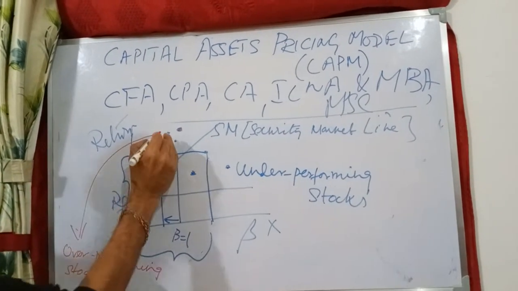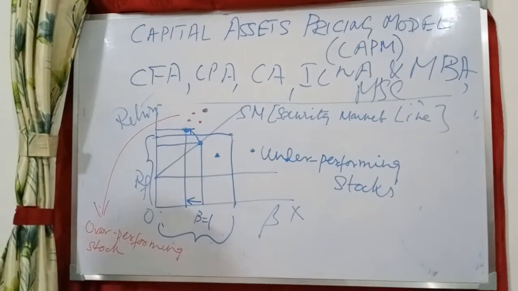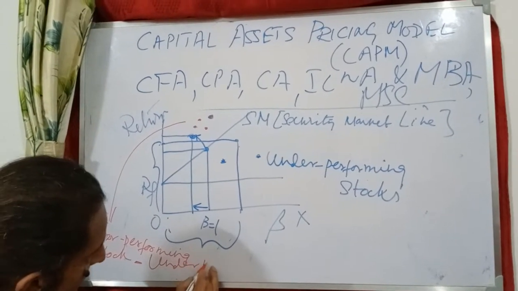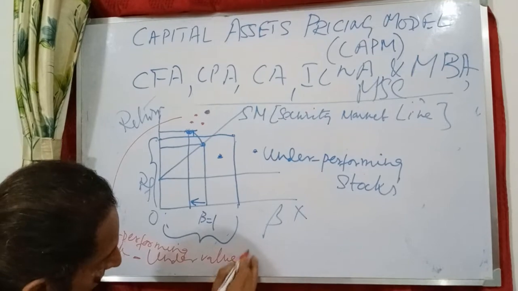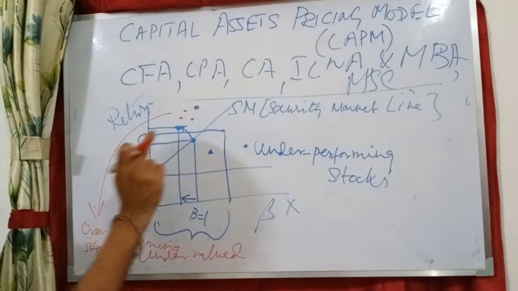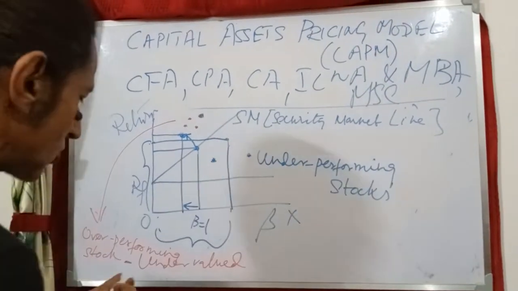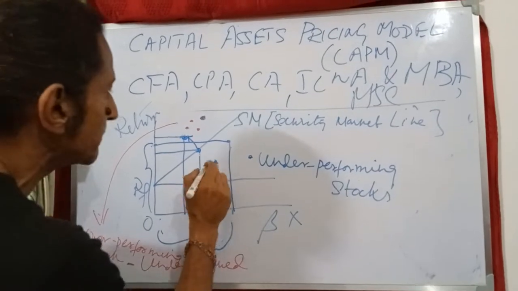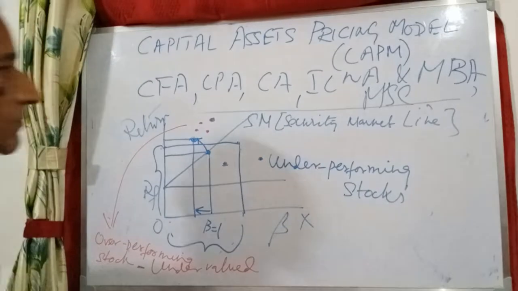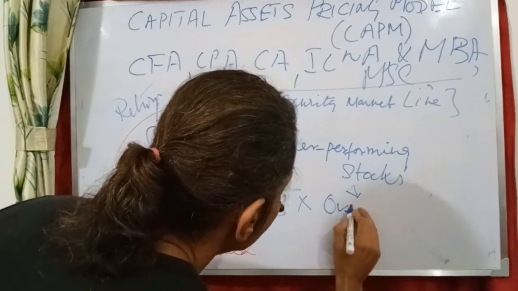The stocks that are overperforming the market are undervalued. These are undervalued because these stocks are performing better than the market, whereas these stocks are performing worse than the market. So these stocks are overvalued.